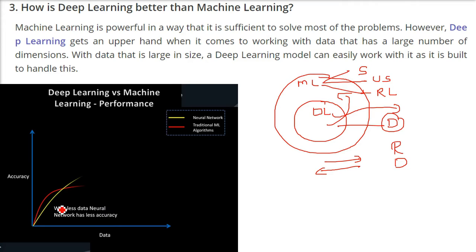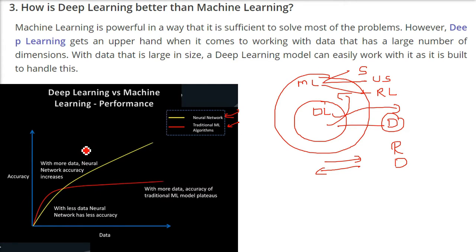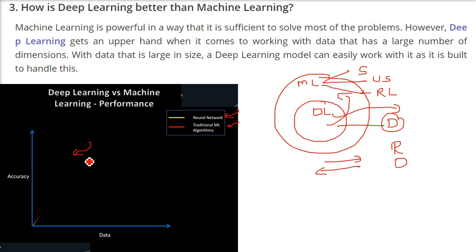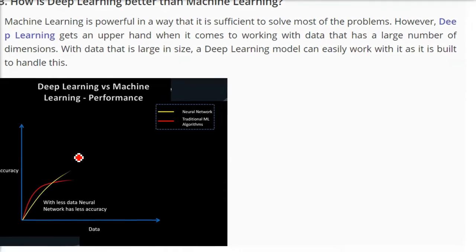If you see the pattern here, how this neural network and the traditional machine learning algorithm vary on the basis of accuracy and data: with more data, things change. That is why there is an advent of, and the thrust on, deep learning, because of the humongous data on the platforms, maybe social, otherwise.